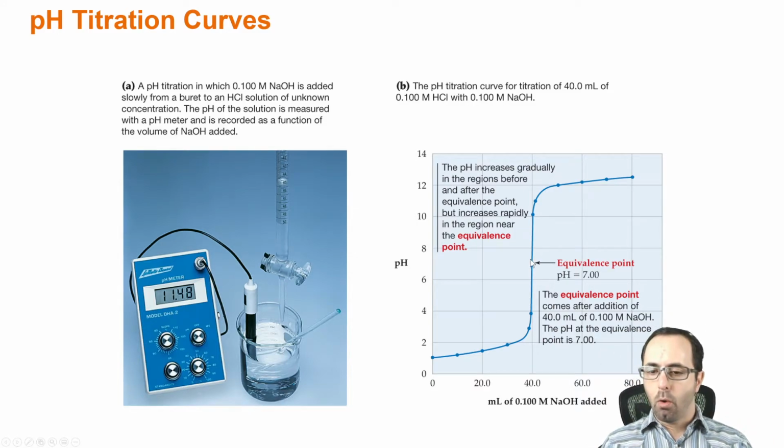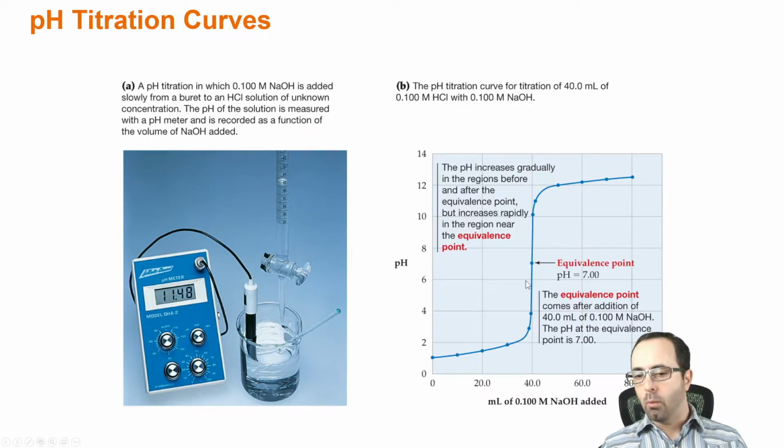And for a strong acid, strong base titration, the equivalence point is neutral, because once you have neutralized the acid here, all you have is sodium ions and chloride ions. These are neither acidic nor basic. They're both neutral. They don't create acidic or basic solutions, so the pH is 7.